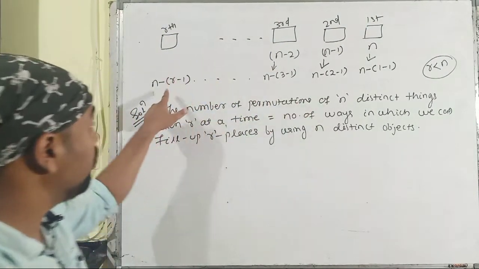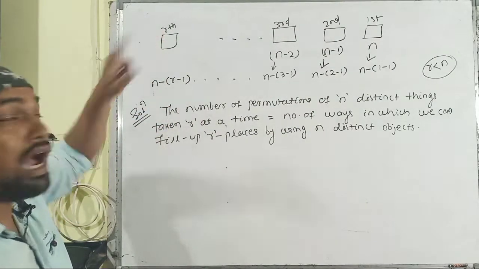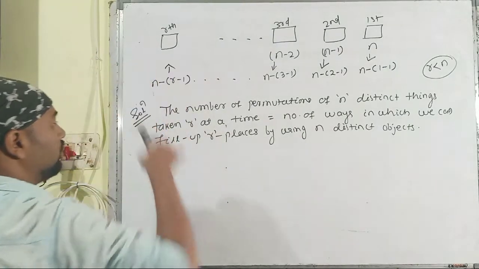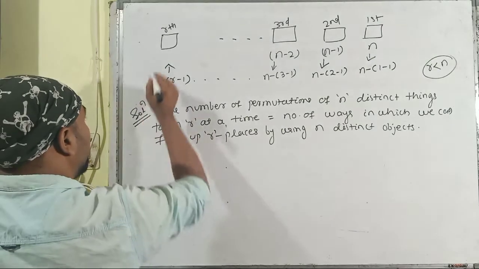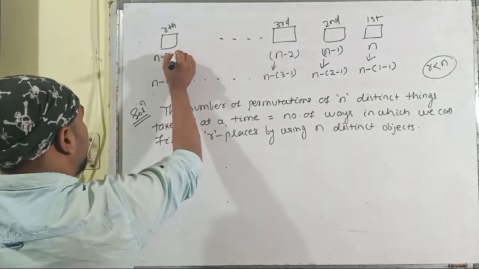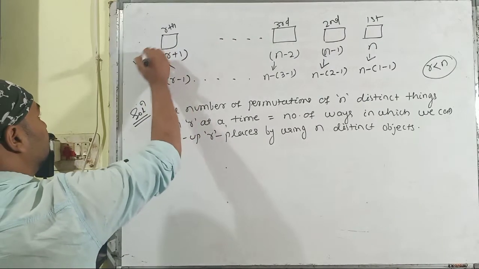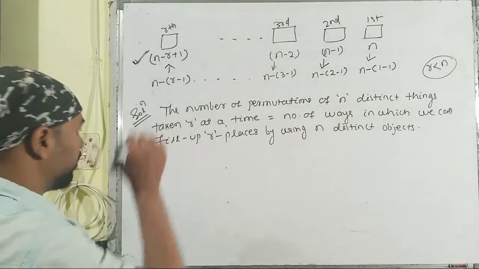We have to find out the total number of possibilities to fill up the rth place, the last place. Simplifying this, we have n minus r plus 1, and we require this term n minus r plus 1 to evaluate this value.